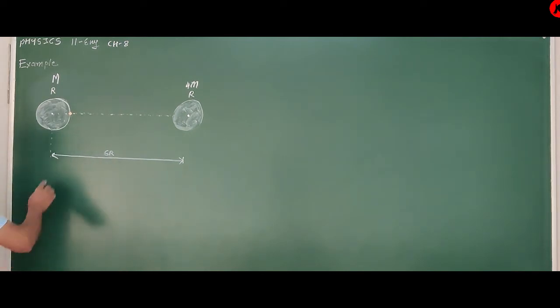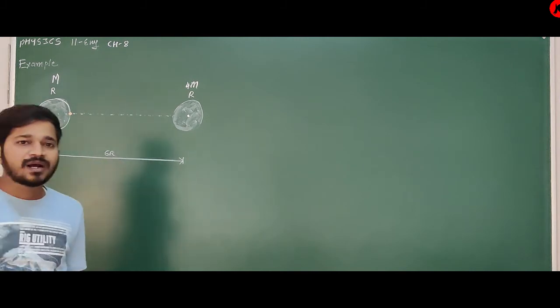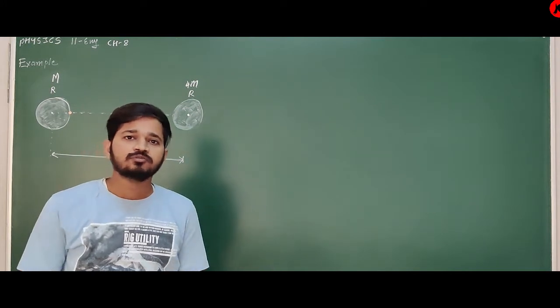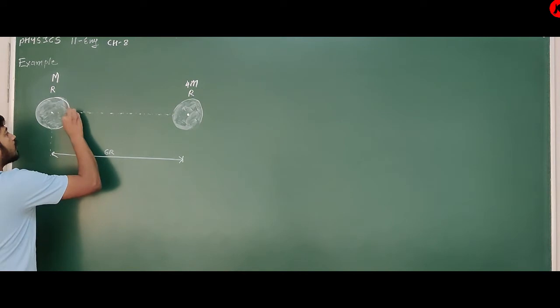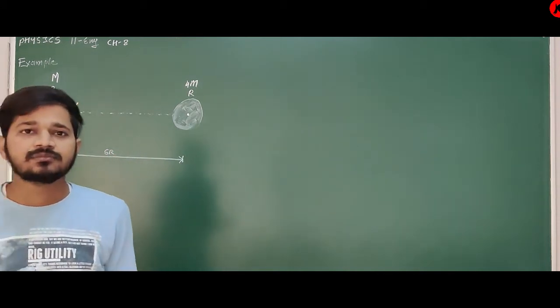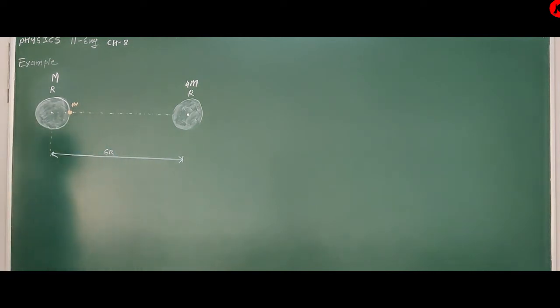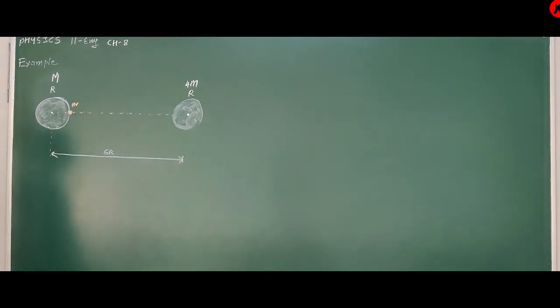As you are given two spheres having masses, according to Newton's law of gravitation, every object attracts another object. So if I have this body of mass m, then it is attracted by both spheres. Due to this sphere there is some field, and due to that sphere there is some field.